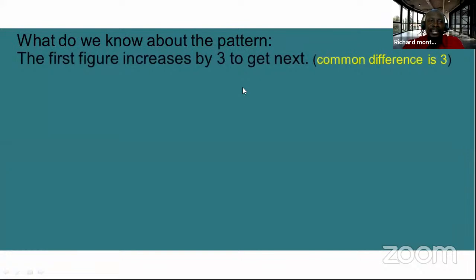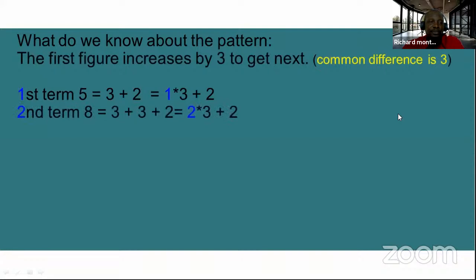So we recognize that the first figure increased by 3 to get the next, which is what we just saw, the common difference. So that would mean that the first term being 5, it would be 3 plus 2, which would be one group of 3 plus 2. The second term, which is 8, would be 3 plus 3 plus 2, or 2 groups of 3 plus 2.